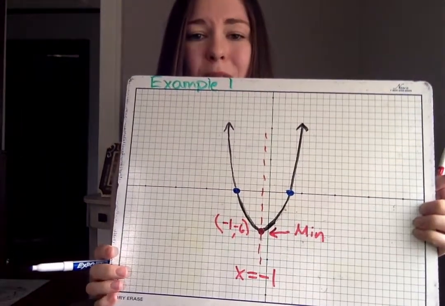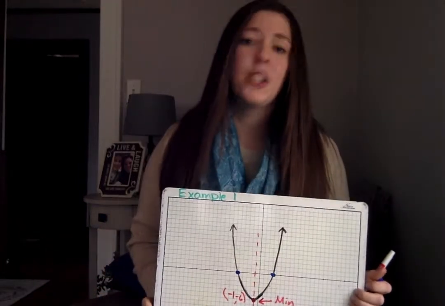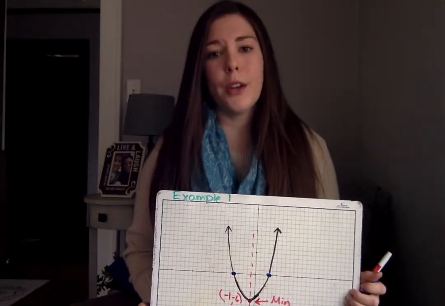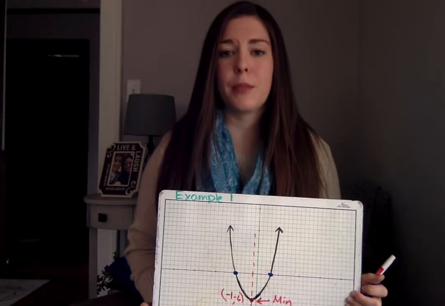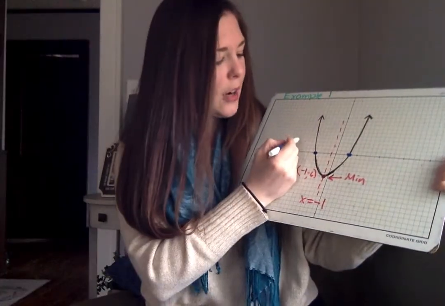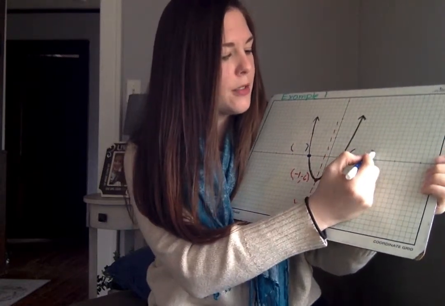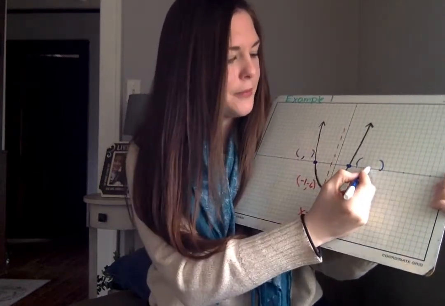So 2 different spots that I'm crossing the x-axis. And that's okay, you can actually have 0, 1, or 2 x-intercepts. So now we have to name those. Our x values for each of these, and again we're going to use ordered pairs, so x comma y.